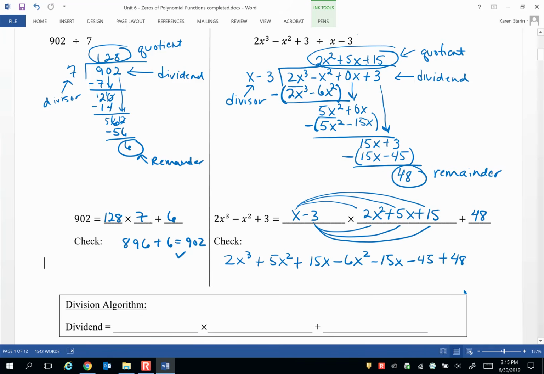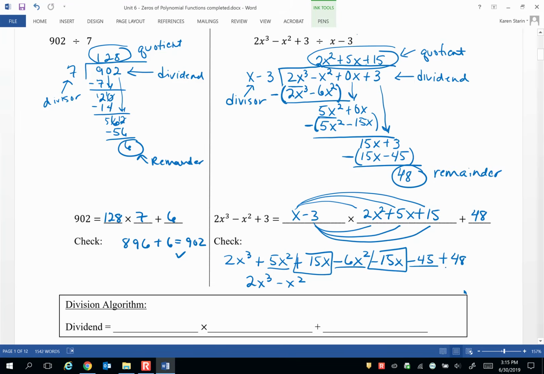Now we just have to gather all like terms, so we get 2x cubed. We have an x squared here, an x squared here, so that's minus x squared. We have a positive 15x here, a negative 15x here, so they cancel each other.